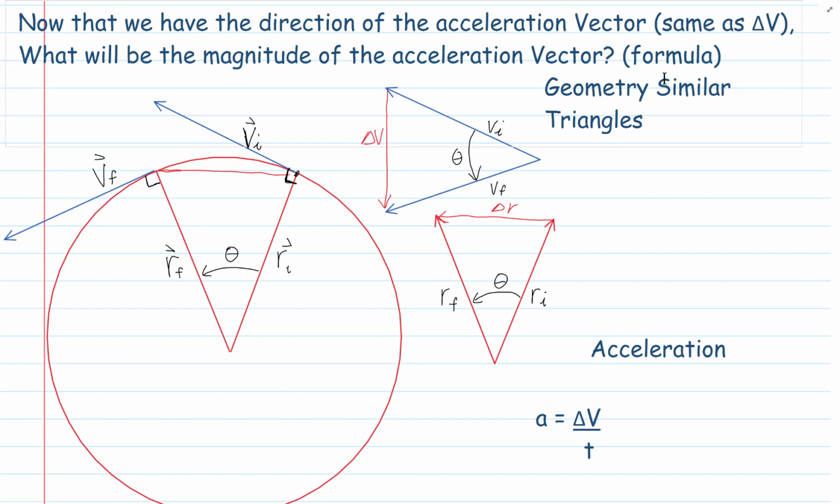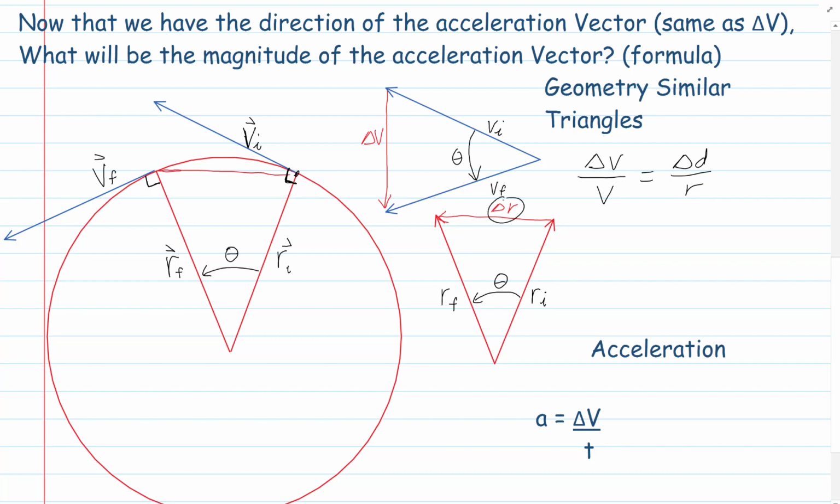So what are similar triangles? If they're the same triangle with different lengths, the ratios would be the same. Because we want to find the change in velocity, the change in velocity over the velocity is equal to the change in the distance over the distance.